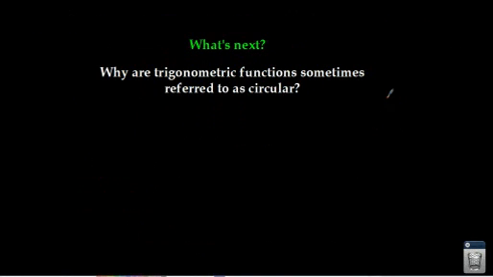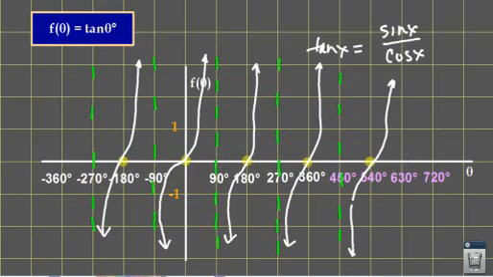Okay. So you might be wondering, what is next? This seems like a lot of information. Well, this is the basis of trig, so it seems maybe a little daunting. But we're going to learn why trigonometric functions sometimes are referred to as circular. So why are they sometimes referred to as circular functions? And I'm going to give you a hint on our graphs for sine and cosine.